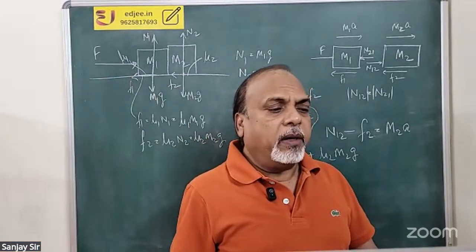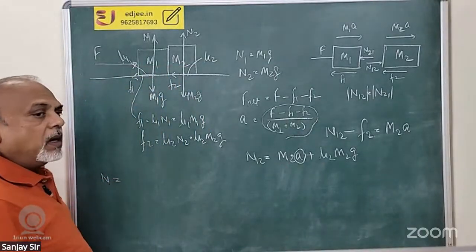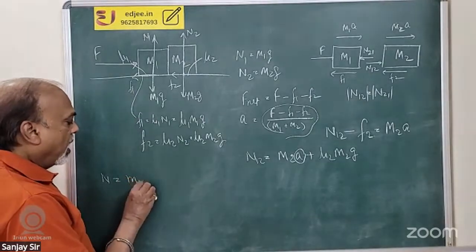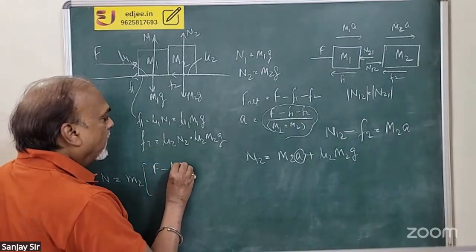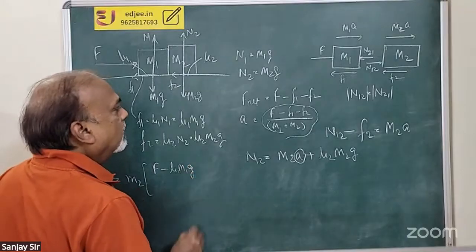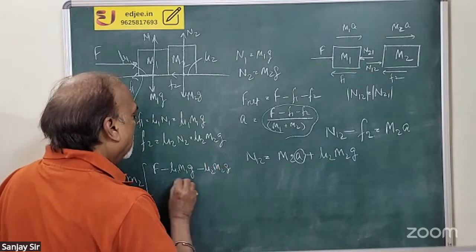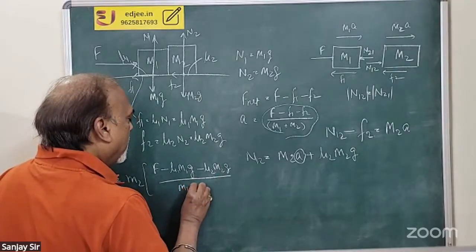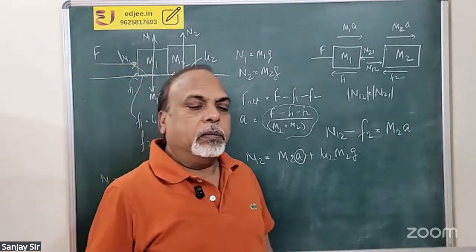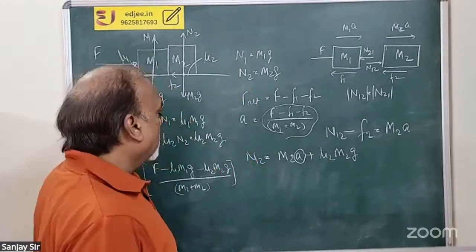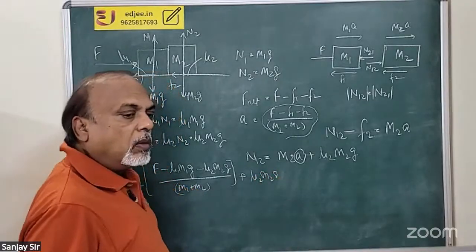Then what we will get basically, if you see, N will be M2 times A, where A is F minus mu1 M1 G minus mu2 M2 G upon M1 plus M2. And of course, plus mu2 M2 G. Correct?